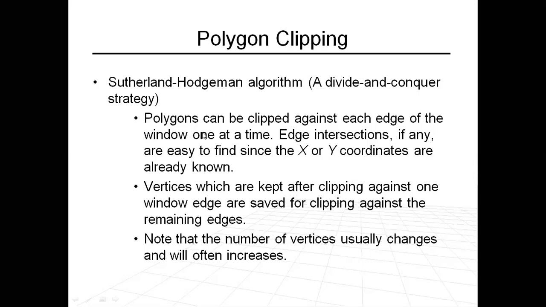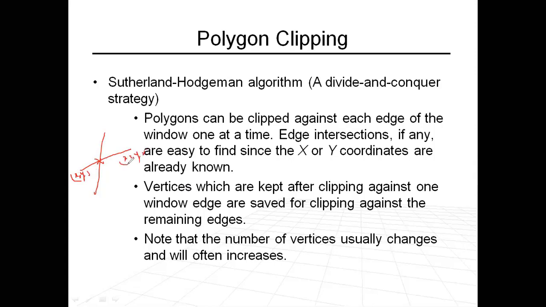Polygons can be clipped against each edge of the window one at a time. Edge intersections, if any, are easy to find since the x or y coordinates are already known. You have already done that. Whenever a line is passing by, this intersection can be calculated because you know the points x1, y1 and x2, y2.